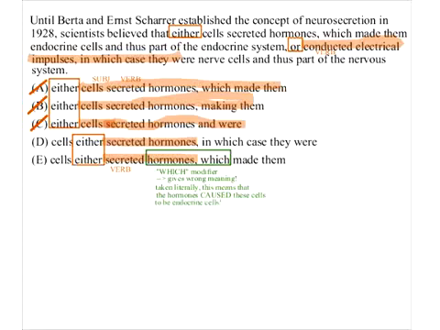Okay, this is not true. Because if you say which made them, you're saying the hormones made these things endocrine cells.